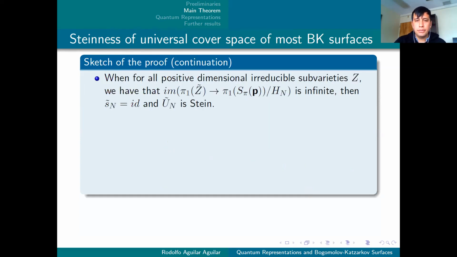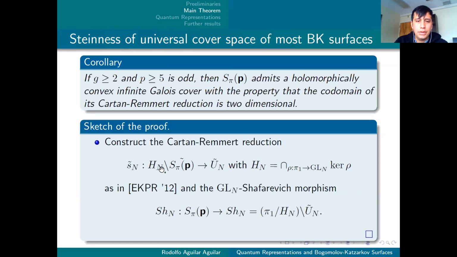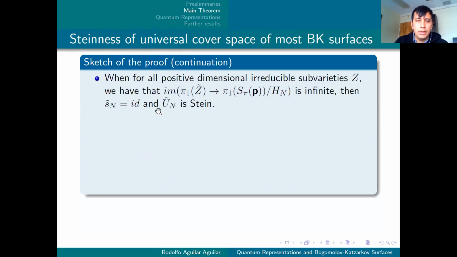And now this has the following property. When you have that for all positive dimensional irreducible subvarieties of the surface that we are considering, the image of the fundamental group of the normalization in this quotient is always infinite, then this Cartan-Remmert reduction is the identity.